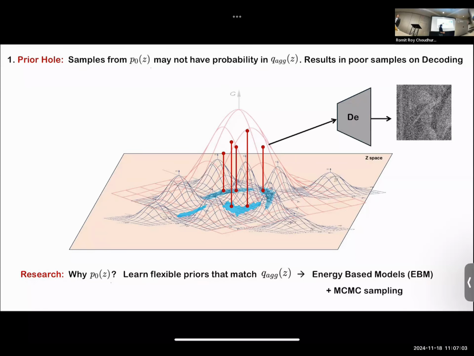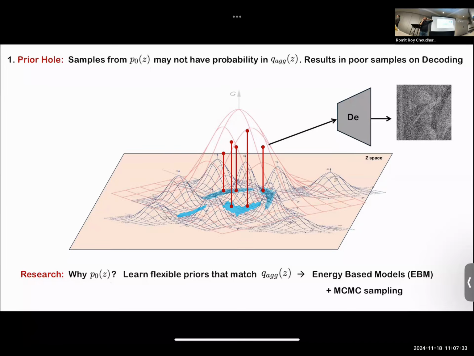This is a cat mountain, this is a dog mountain, this is a bird mountain. The valley is between cat and dog, it's junk. You sample from that, you get some average of cat and dog, and people say, bad VAE, you hallucinated. This is a major problem with VAEs, and this is called the prior hole problem. Do you have thoughts on how to solve this? How can you solve this? Steve.